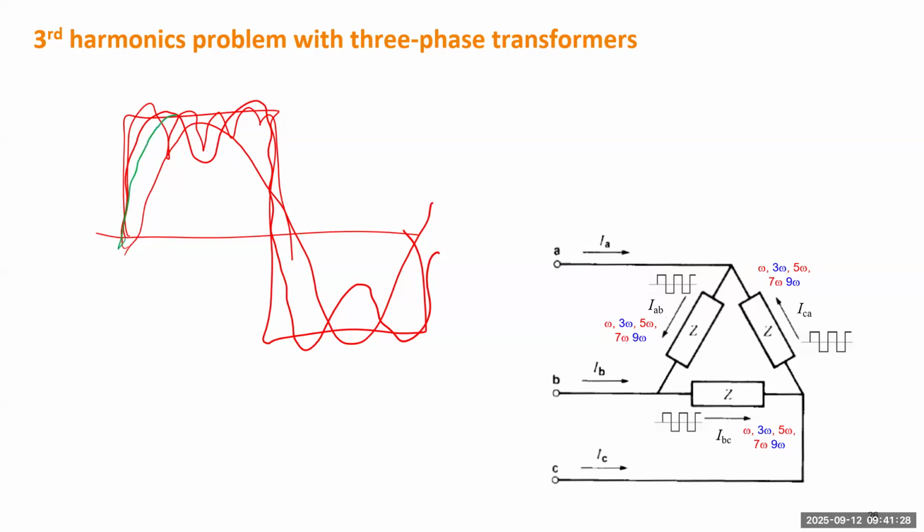Even order harmonic means there will be something like this one, which will have twice the fundamental frequency. Because this green one will change the final shape, the final shape will be distorted, not symmetric.